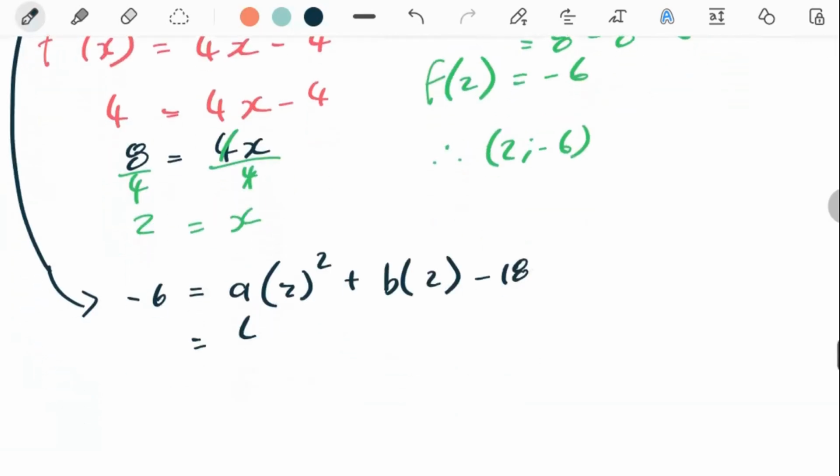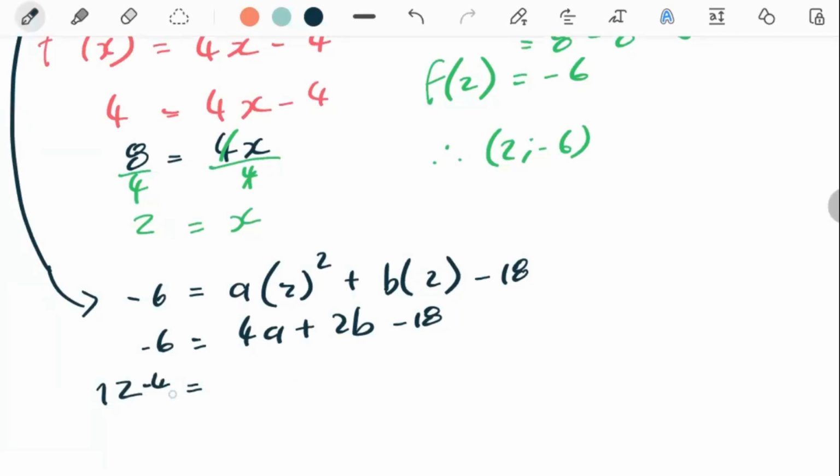So this is going to be 4a plus 2b minus 18. Ideally here you can make b the subject of the formula since it has the smallest coefficient. Everything on one side, minus 6 plus 18, this would be positive 12.